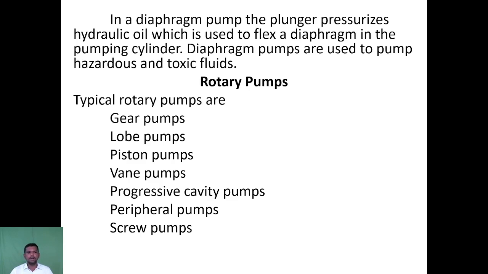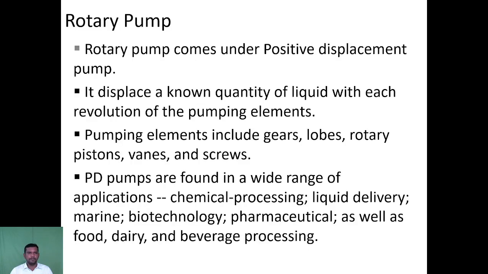Typically rotary pumps are classified into different types: gear pumps, lobe pumps, piston pumps, vane pumps, progressive cavity pumps, peripheral pumps, and screw pumps. These are the different varieties of rotary pumps available under the rotary pump category. So what is a rotary pump?